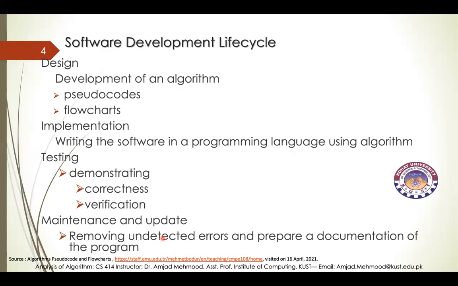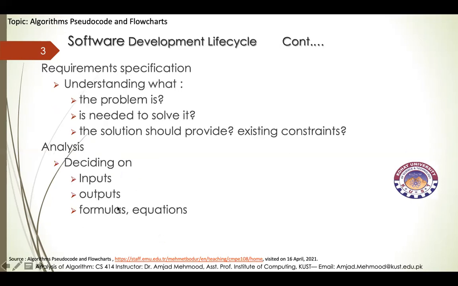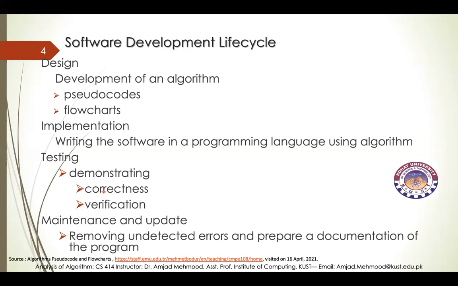So this is the whole structure of SDLC, that how softwares are developed. So we will be using analysis for checking which problem is most efficient. So this comes under analysis. And then we will be designing. So our today's topic comes under design phase, where we will be discussing most of the part that how we write a pseudocode and a flowchart.